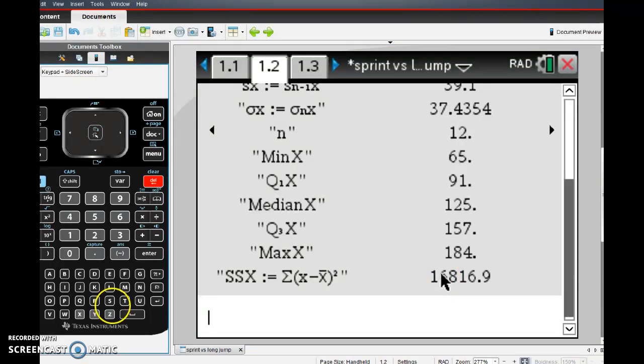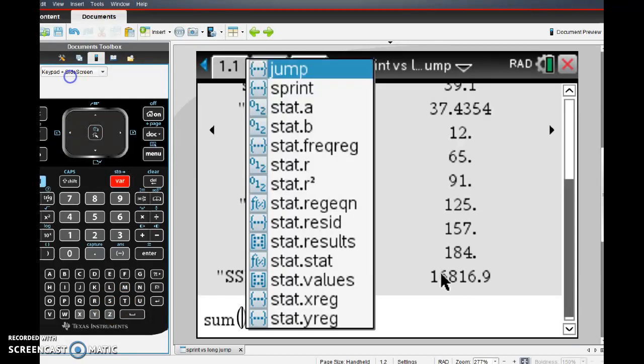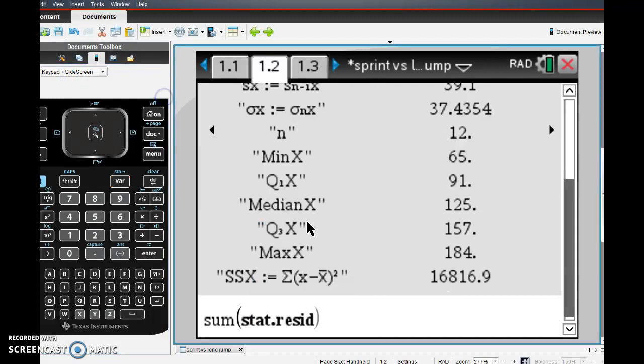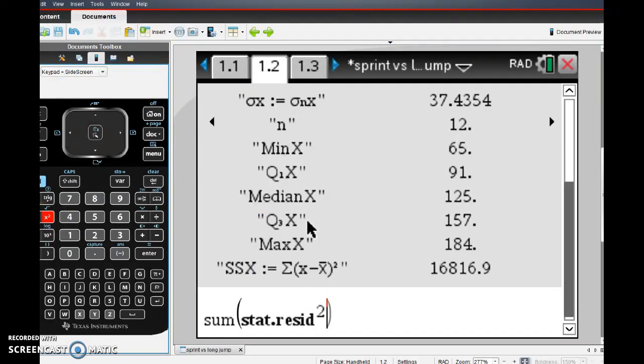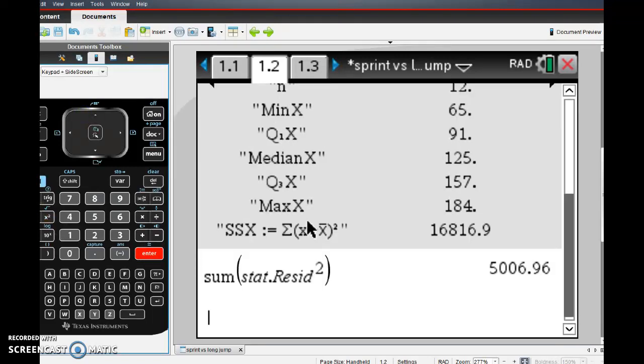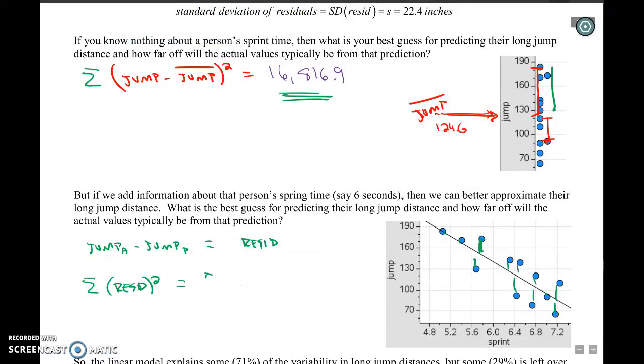I'm going to take the sum of my residual list squared. So what this is going to do is square my residuals, and then add them up. Easy enough. 5006.96. So this is a value that quantifies how much error is left over when I use sprint to predict my jump. And as you can see, this is less than this, meaning I had a lot of variability in my errors, and now I have less variability in my errors.